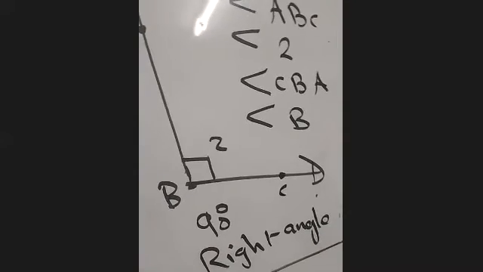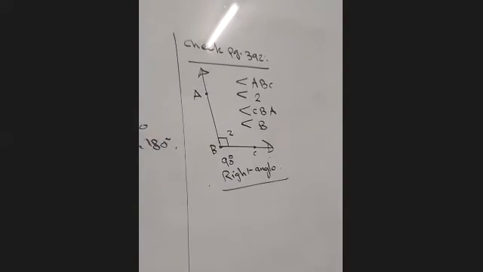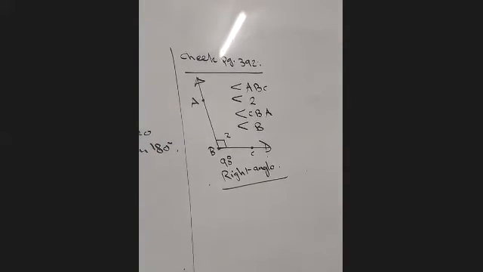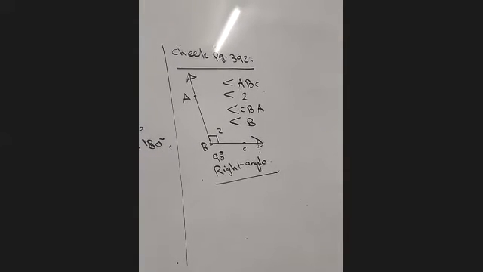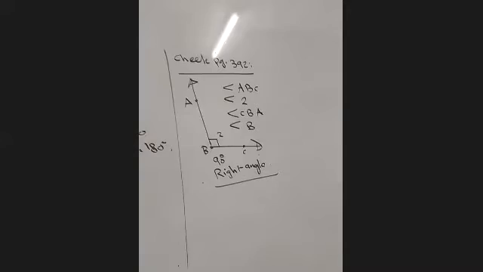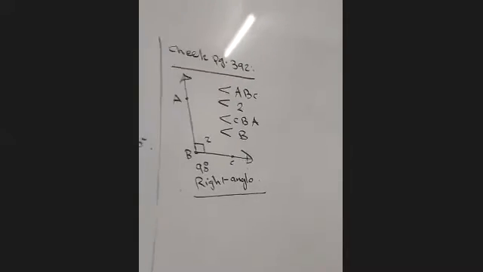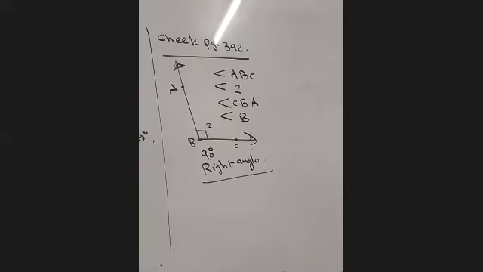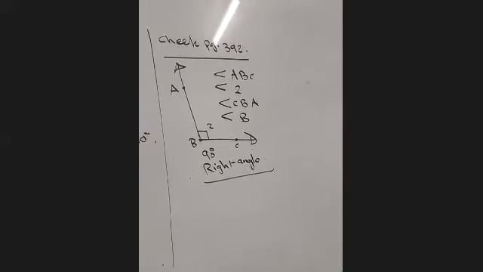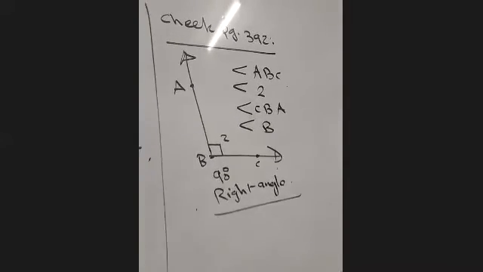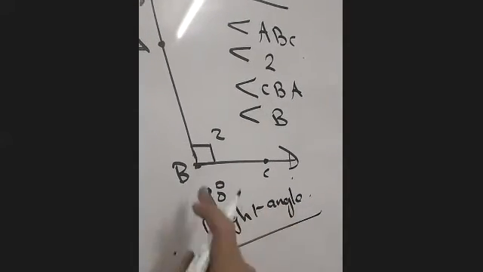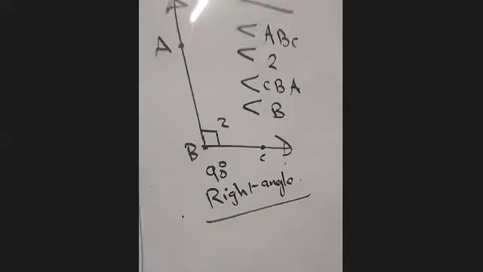We will use it later. Angle ABC, angle CBA, angle B, angle 2, and the small square here means it's a right angle, and the measure is always 90 degrees.